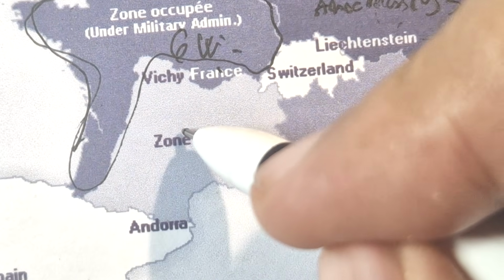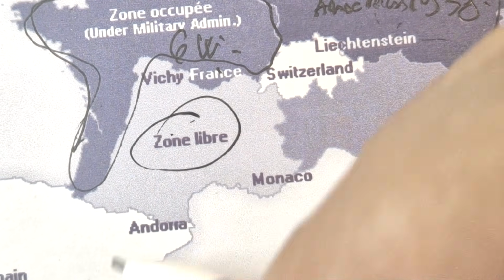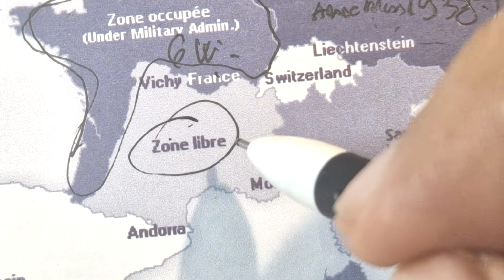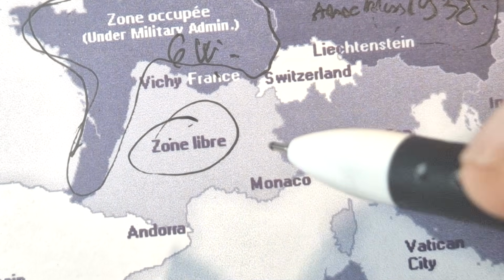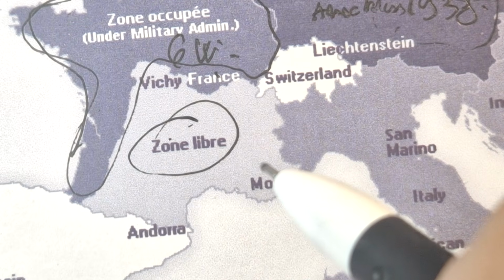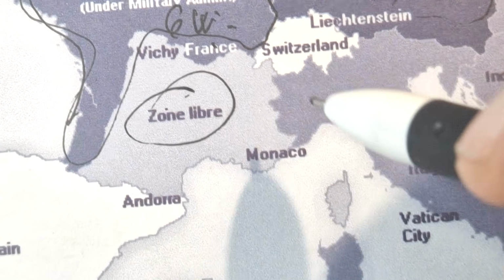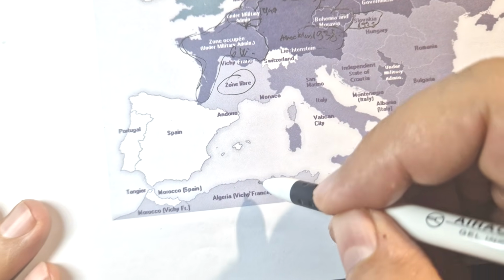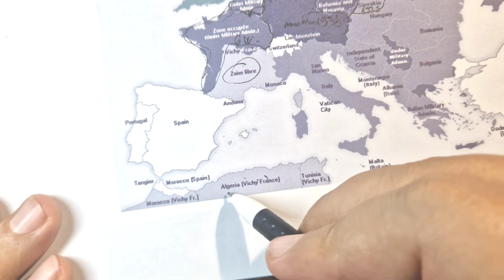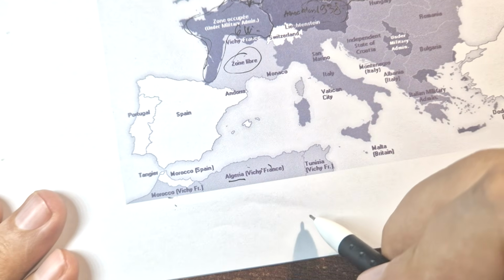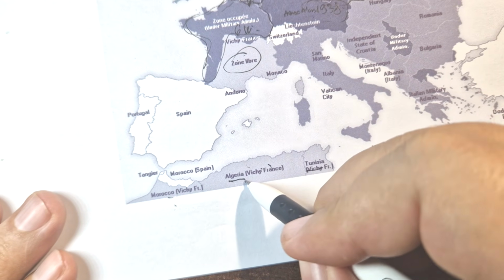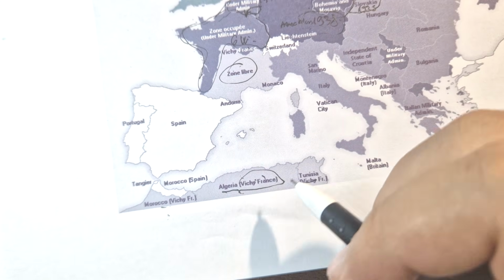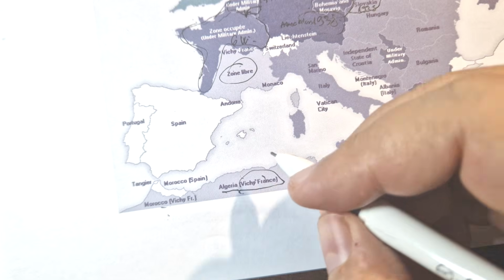The south becomes Vichy France, which is a free region that was cooperating with Germany. In that time, French North Africa, composed of Algeria, Morocco and Tunisia, remained under Vichy France control until 1942.